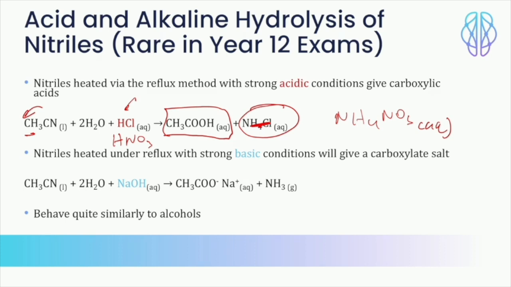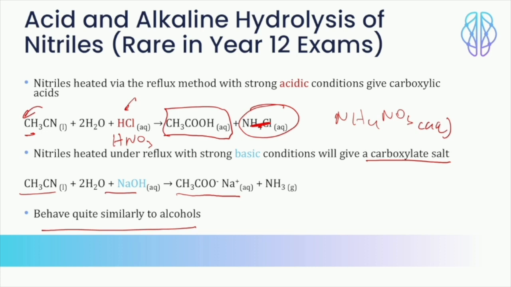If these nitriles are heated under reflux, not in an acidic condition, in a basic condition, so usually this will be your sodium hydroxide, lithium hydroxide, and so on and so forth, you'll get a carboxylate salt. And you may remember your carboxylate salts. That is what happens when esters actually react under strong basic conditions. So you essentially get your nitrile reacting with your strong base, and you get this carboxylate salt once again.